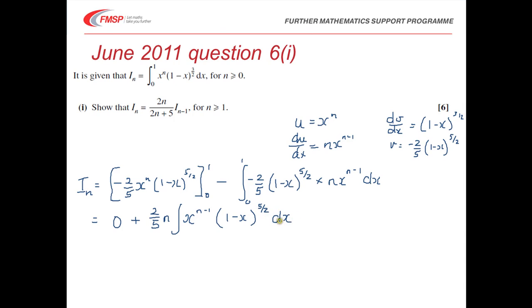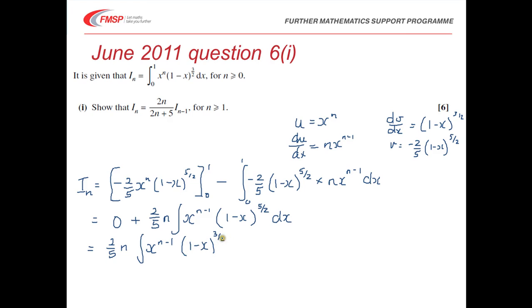And the trick here is to see that we can actually split that integral and write it as 2/5 n times the integral of x^(n-1) times (1 minus x)^(3/2).